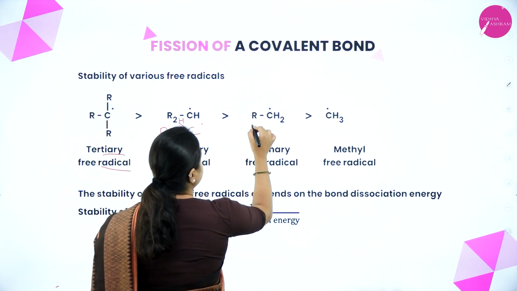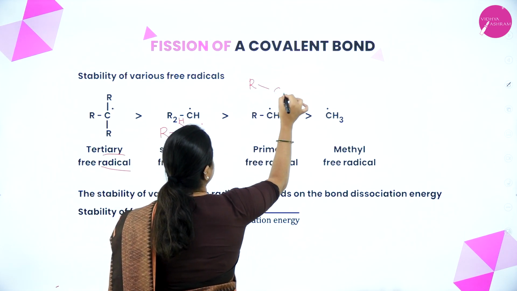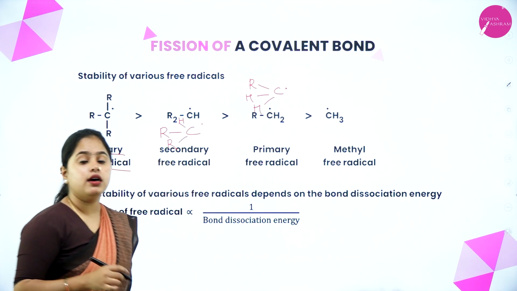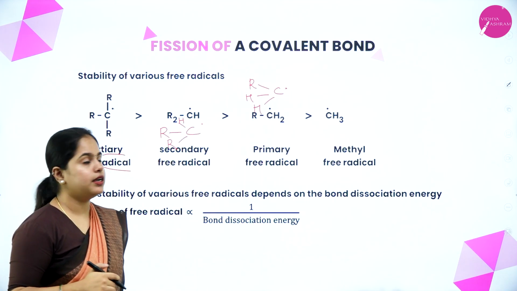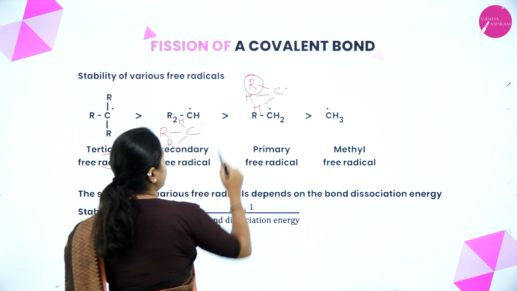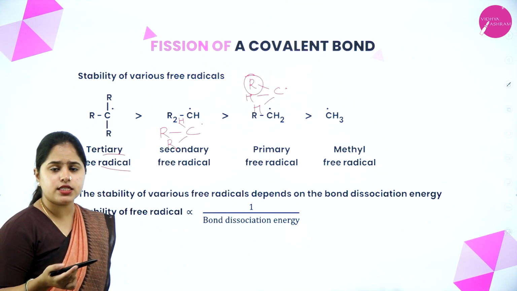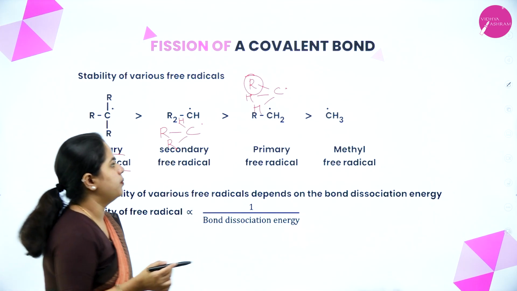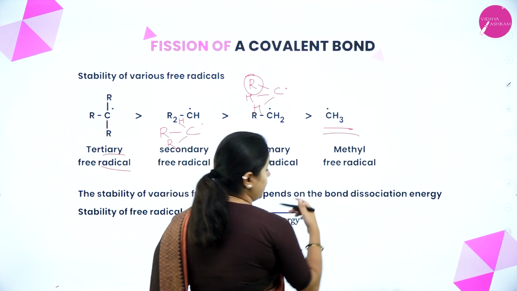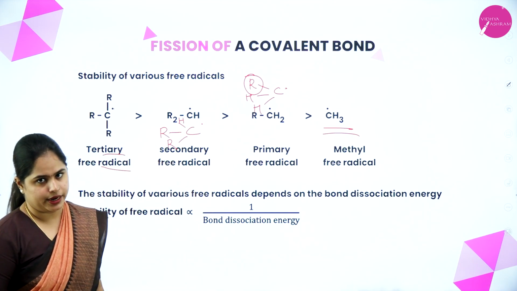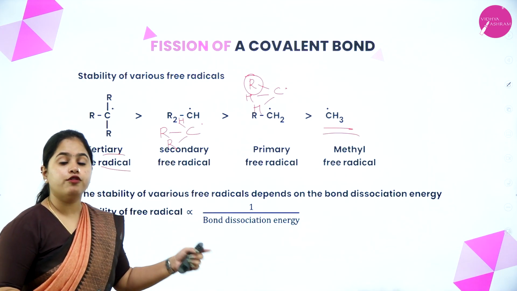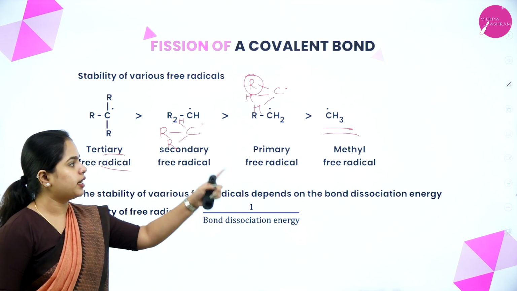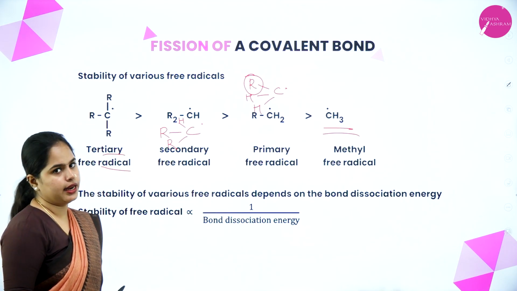Coming to the third one, it is RCH2, the others being hydrogen. So the carbon with the free radical is attached to only one carbon atom. The R stands for the alkyl group. So this is primary. And the last is the methyl radical. So the order of stability of free radicals is tertiary, secondary, primary and methyl radical.